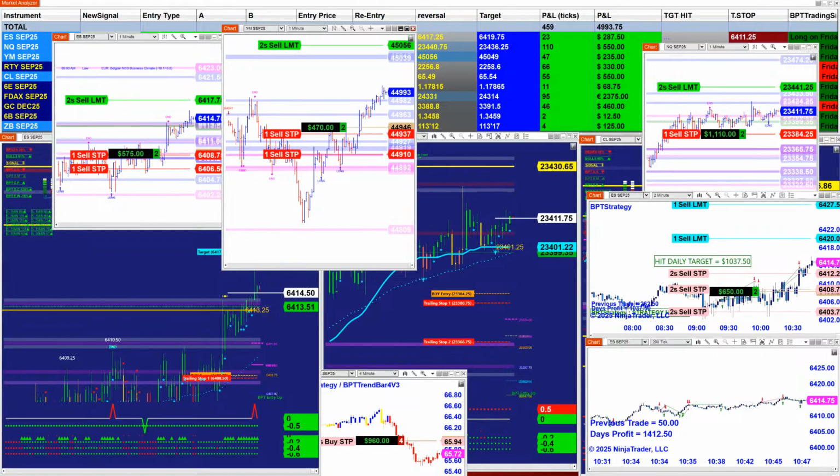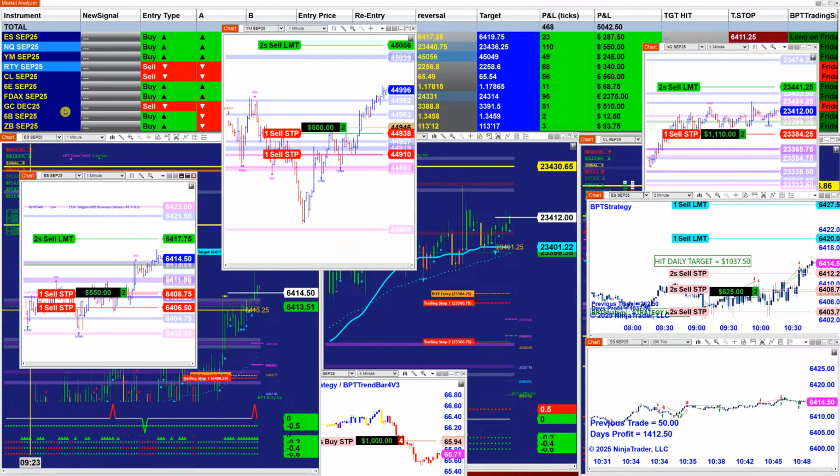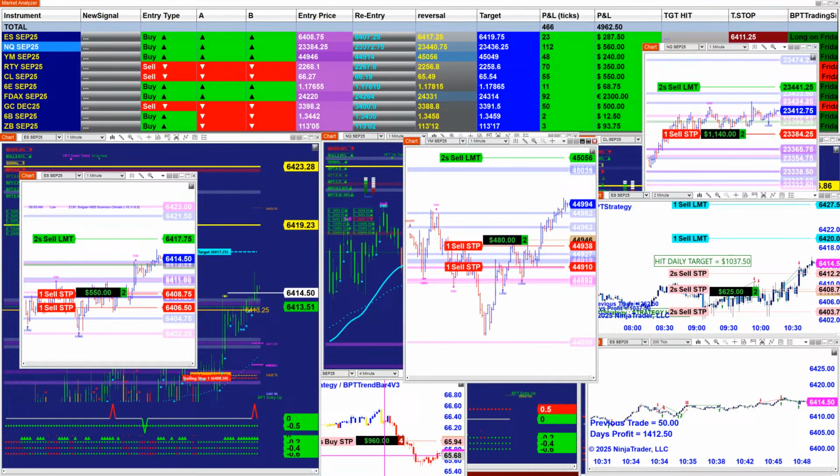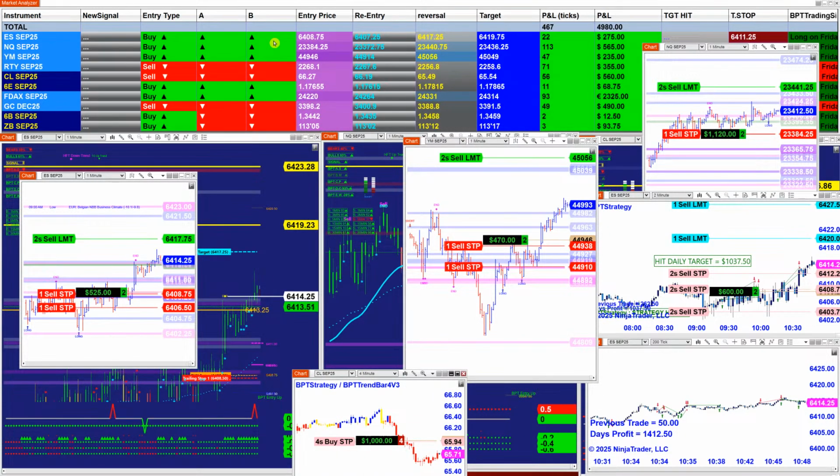But now the market is in sequence, and if we look, the ES, Nasdaq, and YM are all in the green. You have a 3 signal long, 3 signal long, 3 signal long. Now it is perfect timing to make money.